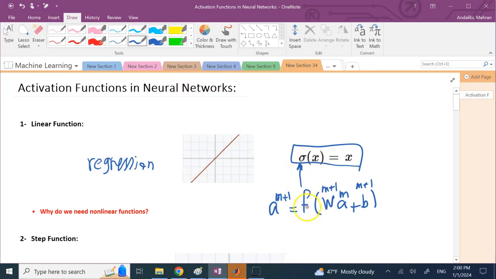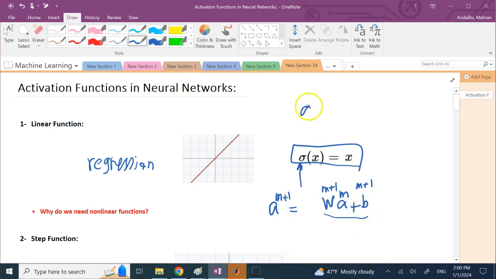And you might say, why don't we use this in all layers? Well, the problem is, if we use this in all layers, then each output of each layer will simply be what? A linear combination of the outputs of the previous layer. And if we keep doing that all the way, then the output of the entire network will be simply a linear combination of the inputs, the p's to the network.